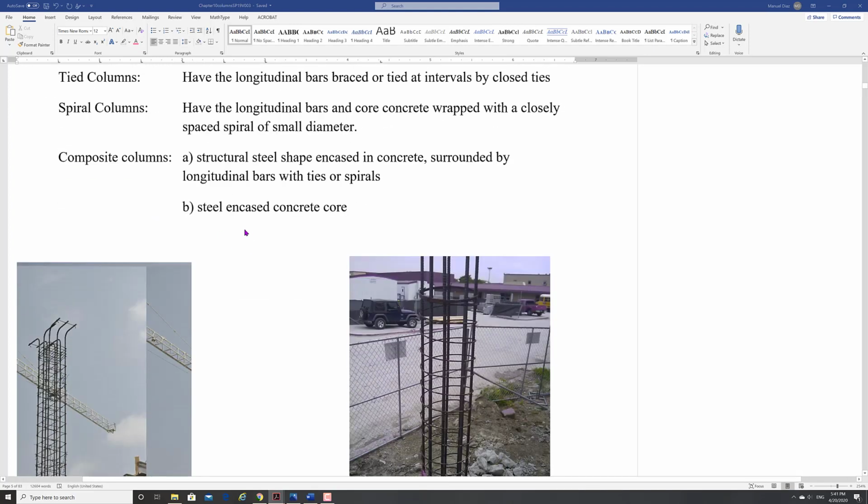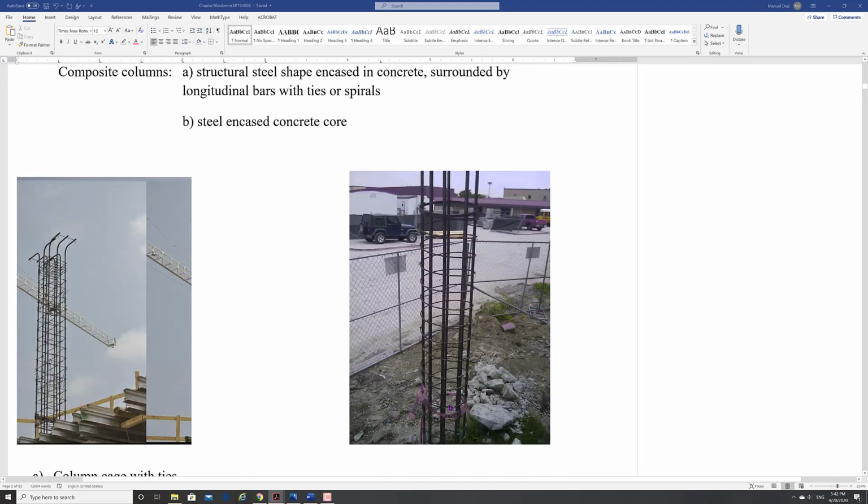A spiral column is one that is reinforced by a spiral, like this. But a spiral requires very specific spacing. We will see that later.